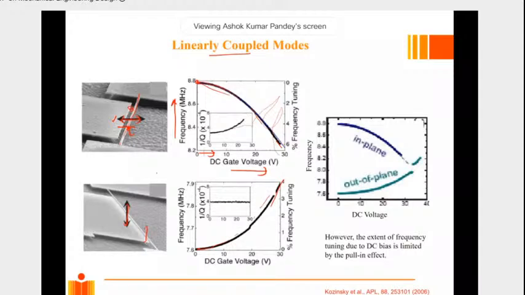If you bring both of them here, in plane frequency is reducing, out of plane increasing, and you have this anti crossing region where the coupling of these two modes happens, and that way you can think about the different phenomena that occur over here. And the width of this all depends on how strongly these two are coupled together. If there is no coupling, it will simply just go like this. If there is a coupling, then this gap increases. Okay, so these are the effects that one can see.